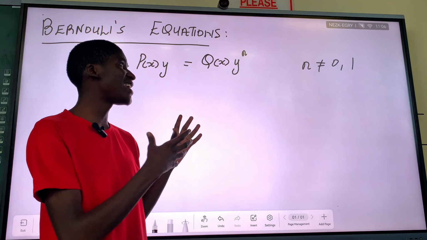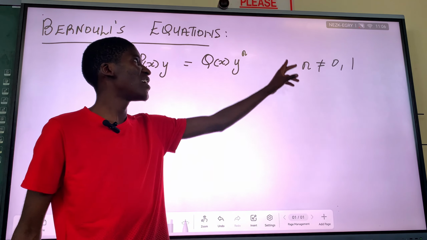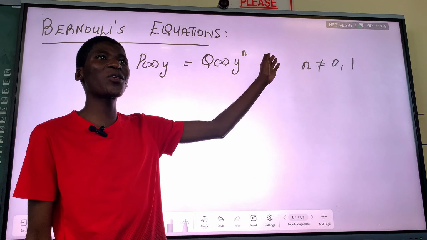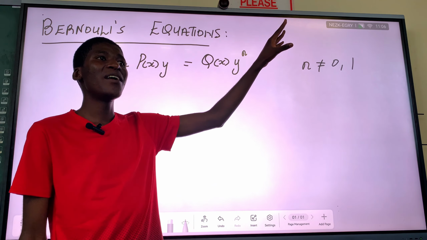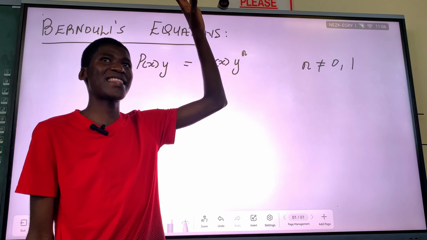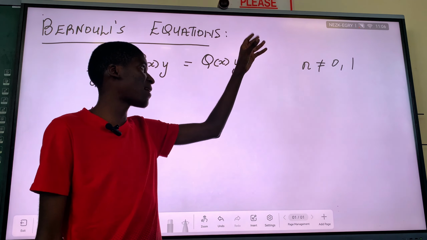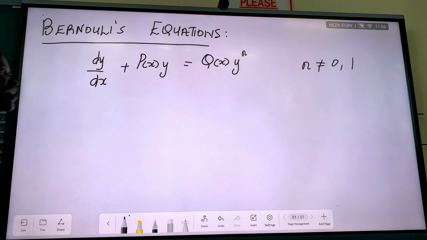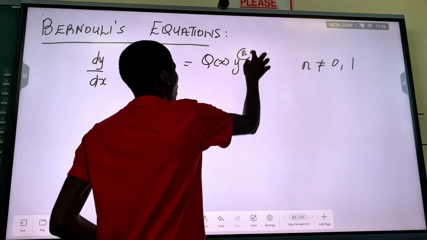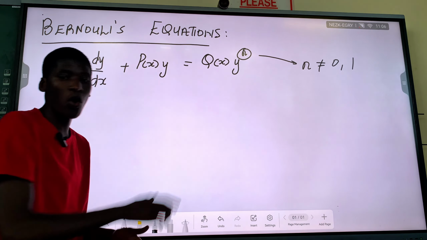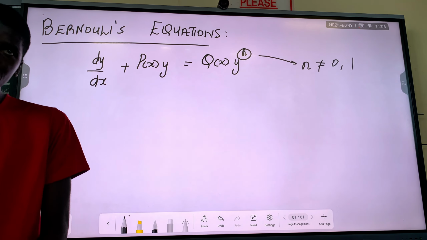That's how we solved a linear one. But if the exponent is not 0, it's not 1, say it is 2, 3, 4 or something like that, we should treat it as a Bernoulli equation. So in the general format, n must not be 0 or 1.